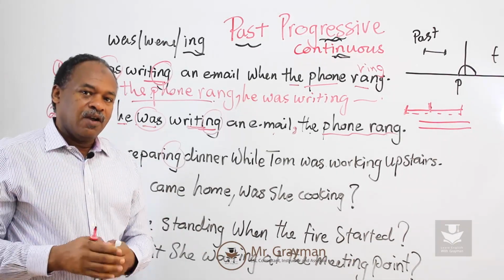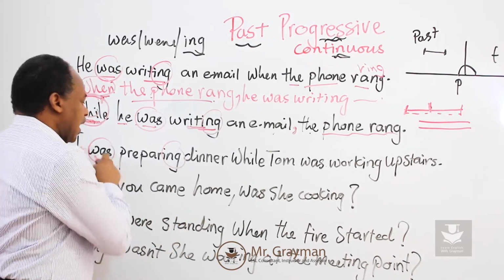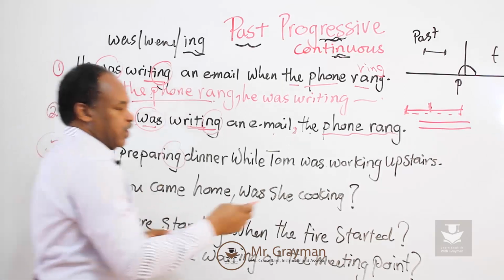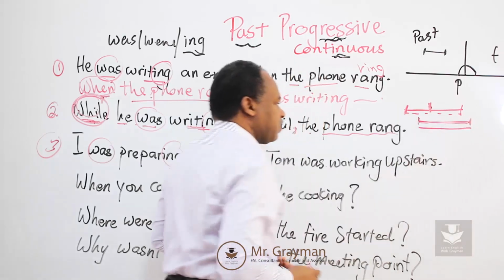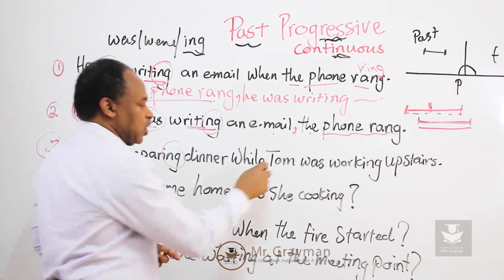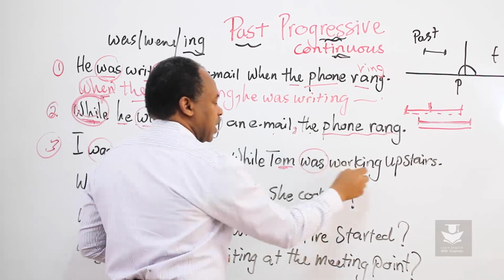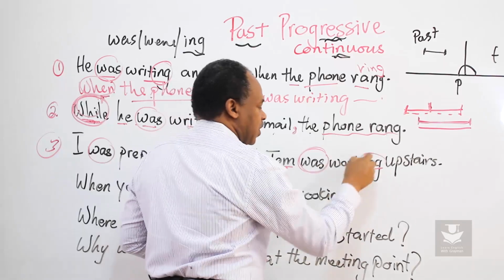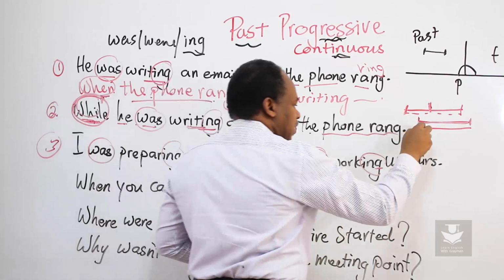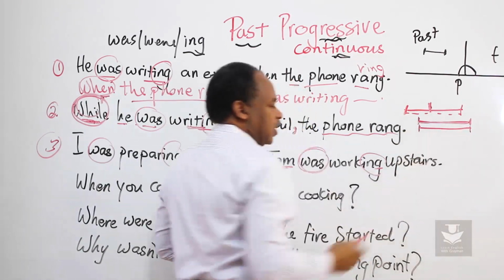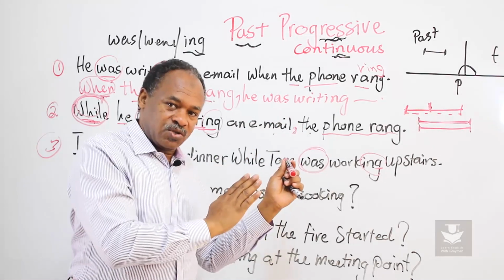It takes maybe 45 minutes to 1 hour or so. So while I was preparing dinner, it takes place from here to here. While I was preparing dinner, what happened? Tom, another guy, my friend, was working. Was is past and working is continuous. So Tom was working. Two actions happening at the same time in the past.